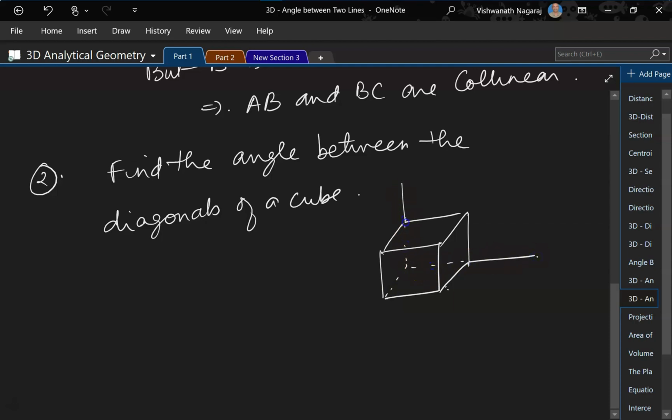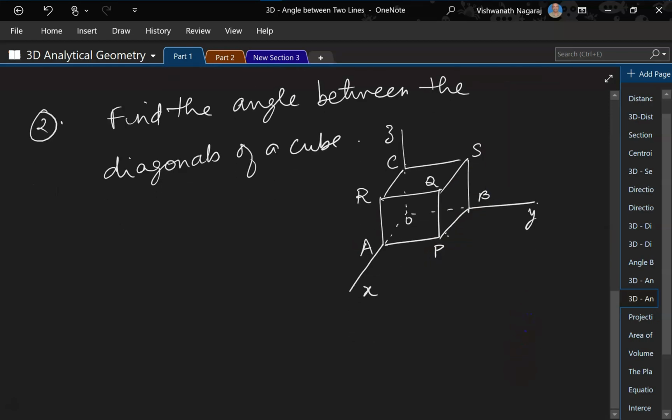Let's say this is the coordinate axis: this is x, this is y, and this is z. Let's say this is A, this is B, this is C. This is O for origin. Let's say this is P, this is Q, this is R, and this is S.